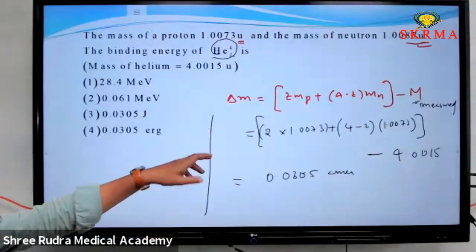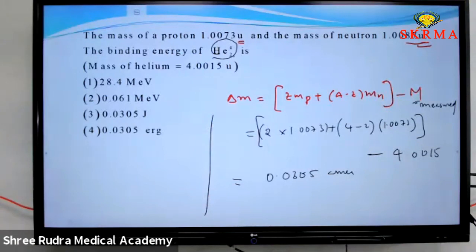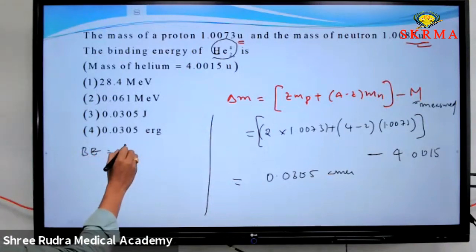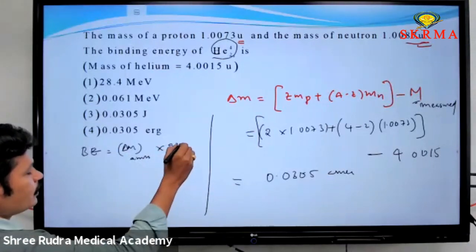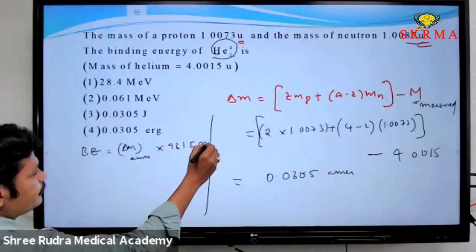I've already said that whenever the mass defect is taken in AMU, the binding energy calculation is like this. The binding energy is delta M in AMU into 931.5 MeV.